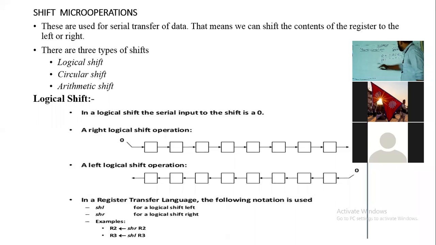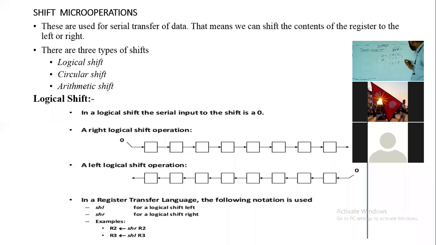Now suppose this is the R2 register. We perform 1's complement on this number. 1's complement means 0 to 1 and 1 to 0: 1 is converted into 0, 1 into 0, 0 into 1, and 1 into 0.